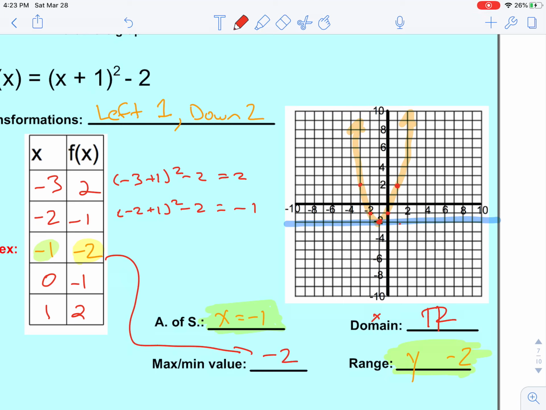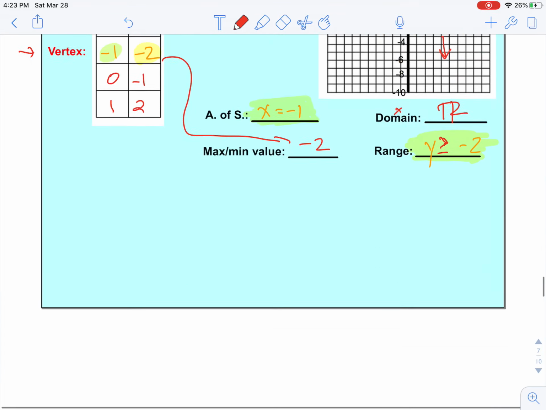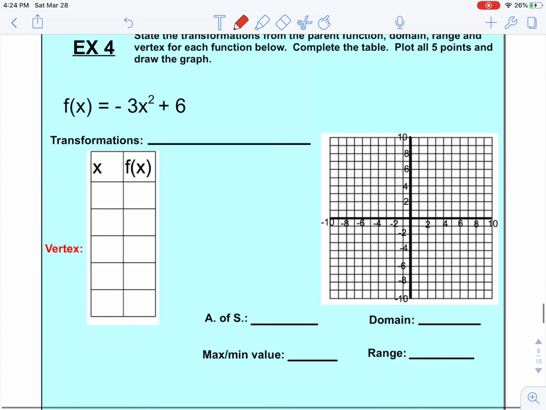Hey, we just use that -2 again. All right, range, y is something -2. Is it the bigger numbers than -2, or is it the smaller numbers than -2? Well, it's the bigger ones, so we're going to say y. All of the y's that I'm going to get on this parabola are going to be greater than or equal to -2.